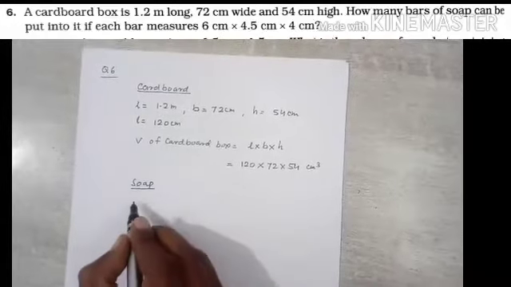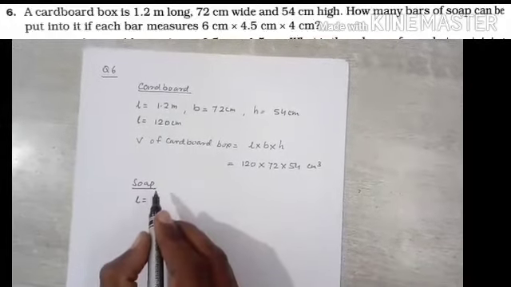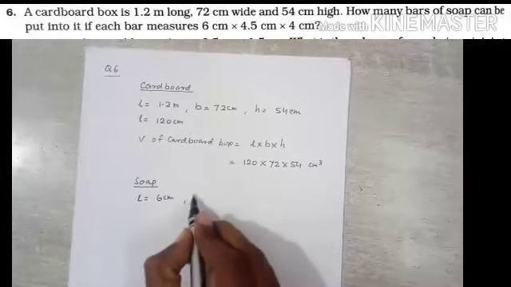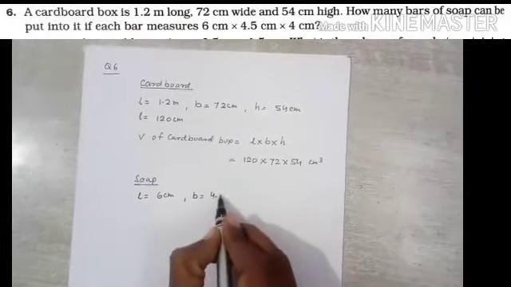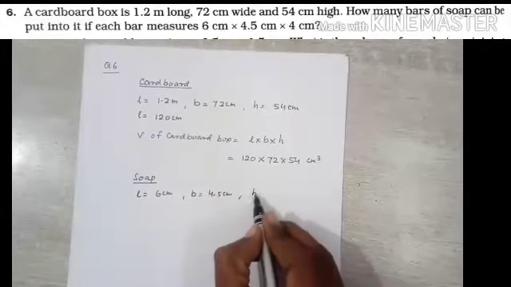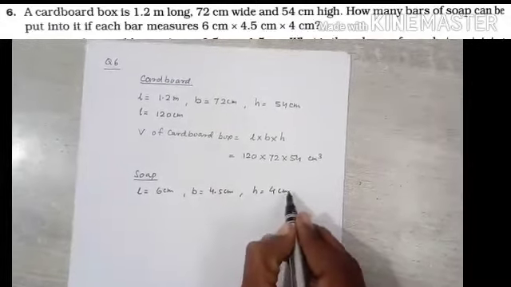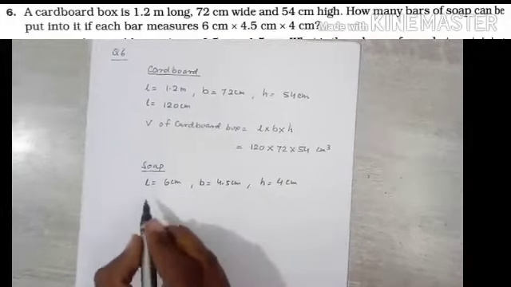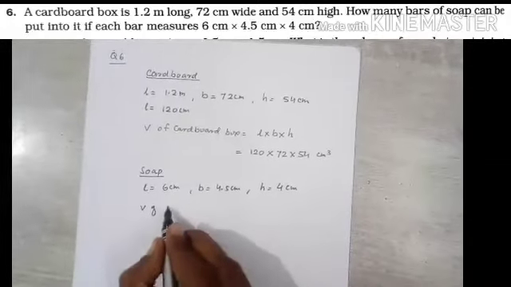Length of soap is given 6 centimeter, breadth is given 4.5 centimeter and height is given 4 centimeter. All three values are in centimeter, so we will find the volume of one soap.